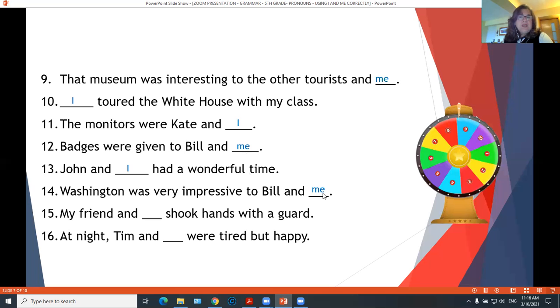In this case, we use me because it was very impressive to Bill and me. Okay, it's the object. Washington is the subject. Number 15, "My friend and _ shook hands with a guard." The subject is my friend and I. Number 16, "At night, Tim and _ were tired but happy." Tim and I is the subject of the sentence. So we use I.